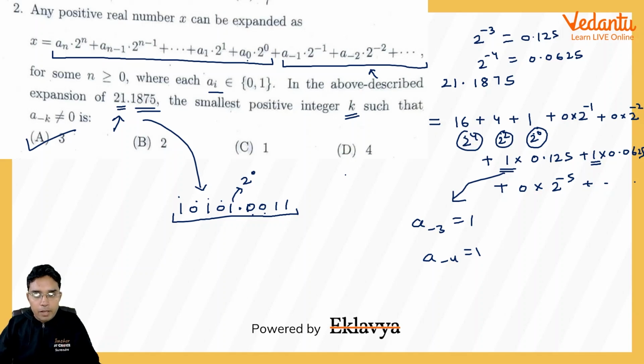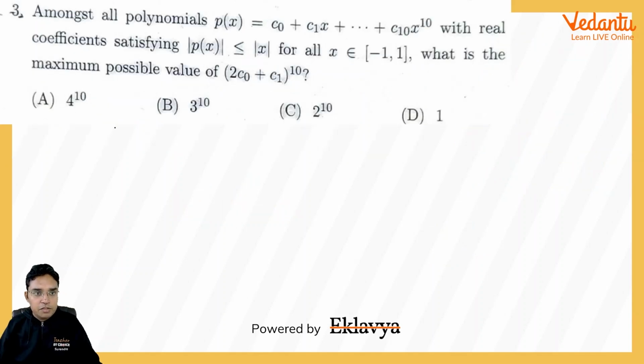Okay, so now coming to the next question, in which we are given, among all polynomials p(x) = c0 + c1x and so on with real coefficients satisfying |p(x)| less than or equal to |x| for all x belonging to [-1, 1], what is the maximum possible value of this?